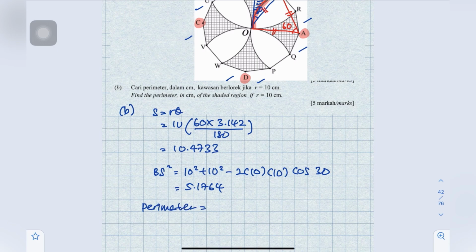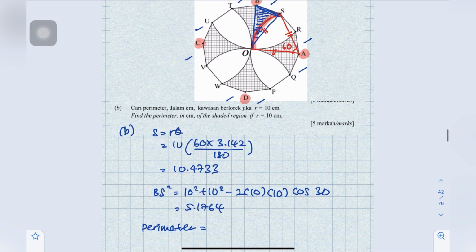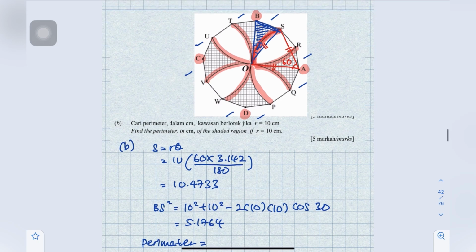Okay, perimeter is how many arcs here? We have one arc, then 1, 2, 3, 4, 5, 6, 7, 8. 8 arcs. Okay, same as the straight line, so 1, 2, 3, 4, 5, 6, 7, 8.